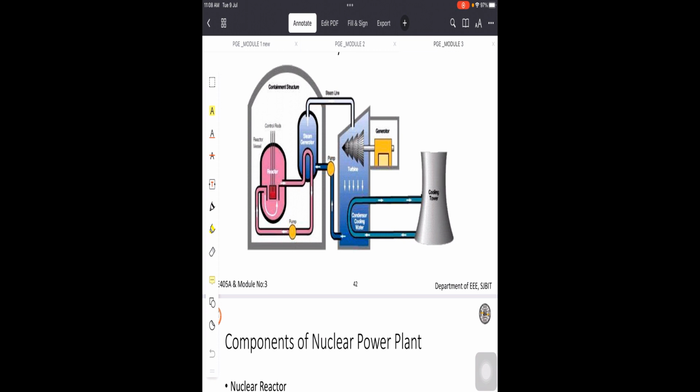The next important component is the reactor core. What is this core? It contains a number of fuel rods. You can observe here that fuel rods are available in the nuclear core and they are made up of fissile materials.